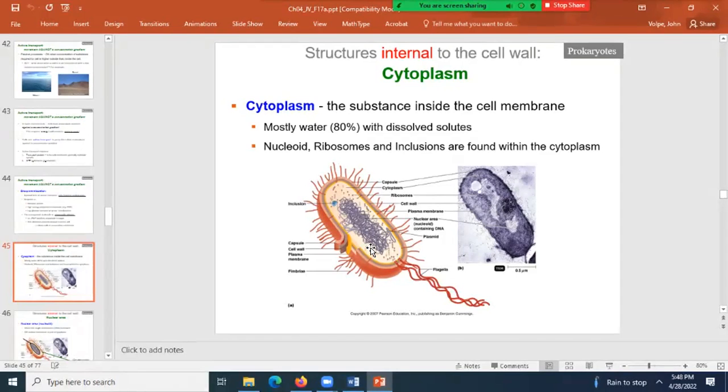The nucleoid region is wherever the DNA is floating around in the cytoplasm. And it can move because there's no boundary between the DNA and the cytoplasm in a prokaryotic cell. In a eukaryote cell, there is a boundary, and the boundary is the nucleus membrane.